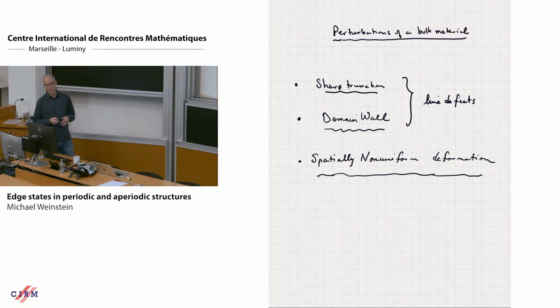And these will be spatial perturbations, and they will be spatially non-compact. So, for example, a sharp truncation of the medium, or a domain wall. We'll talk about that in great detail. These are kind of line defects. And also, I'm interested in spatially non-uniform deformations as well.